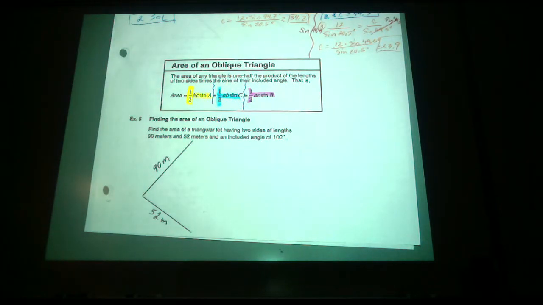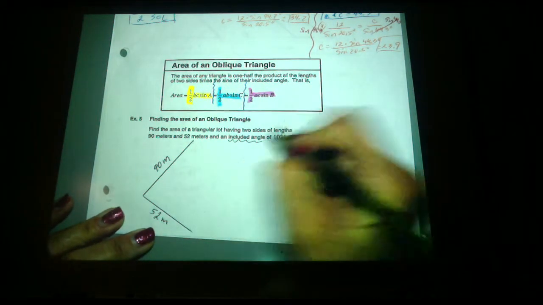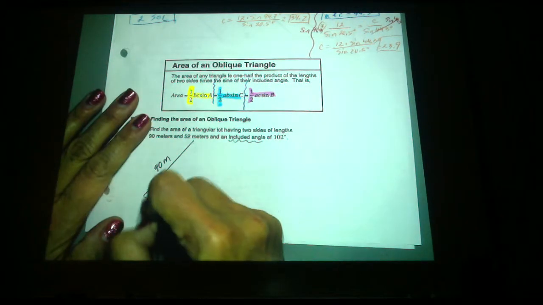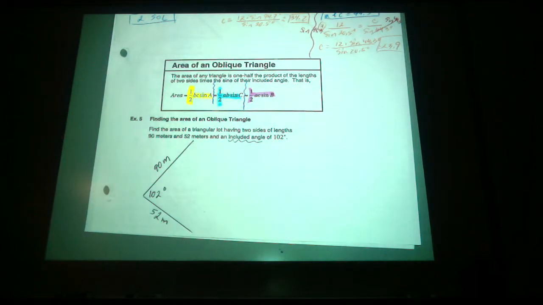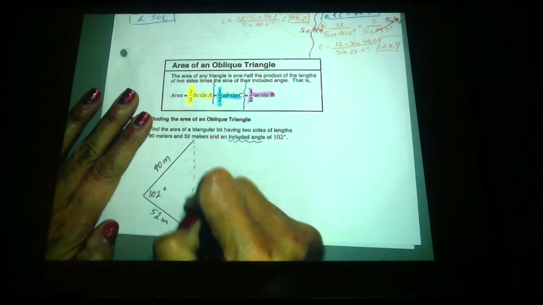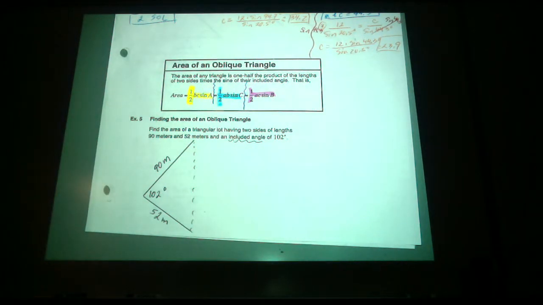And an included angle, so that was important, they're telling you where the angle is, of 102 degrees. I don't know what the third side is, but we don't need the third side if I'm finding the area of that lot.